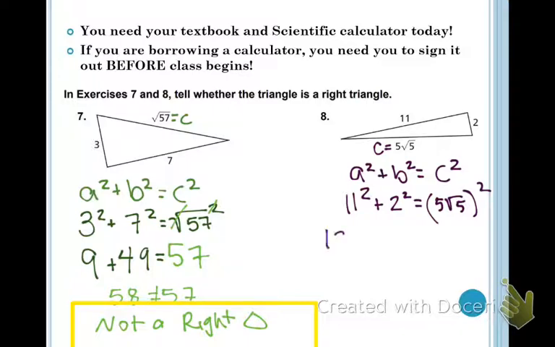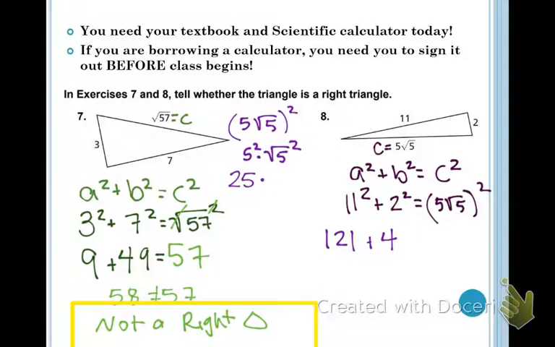11 squared is 121. 2 squared is 4. 5 square root of 5 squared. You're going to square the 5 and the square root of 5. You're going to square both. 5 squared is 25. What's happening between a number and a radical? They're being multiplied.